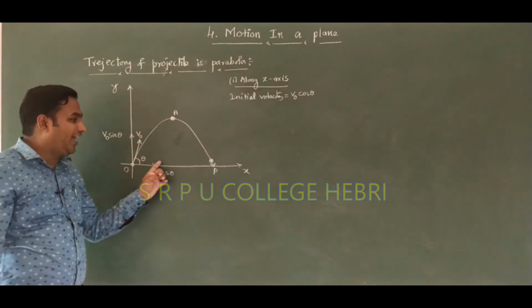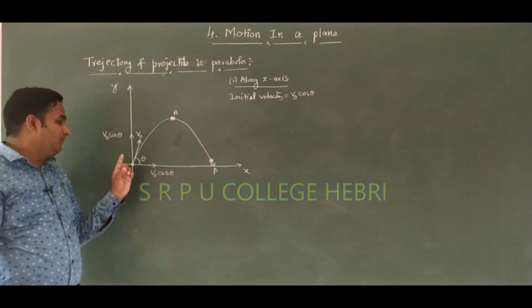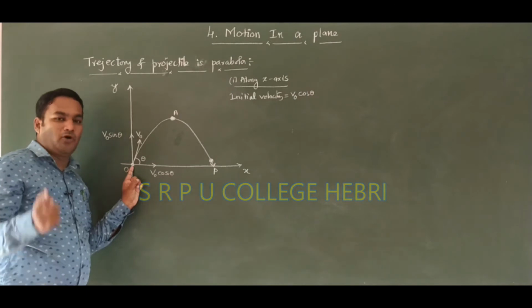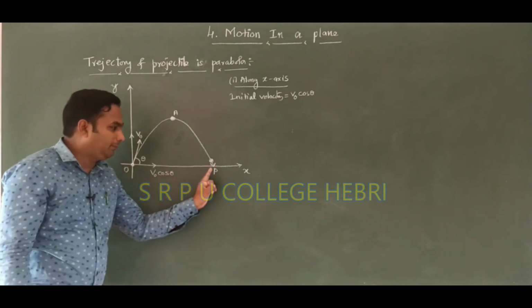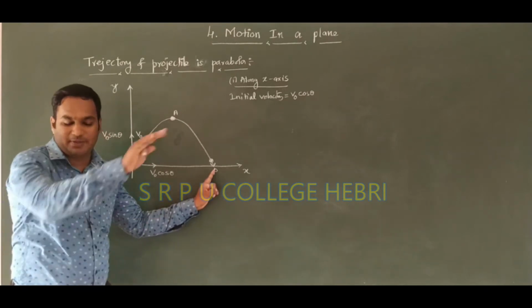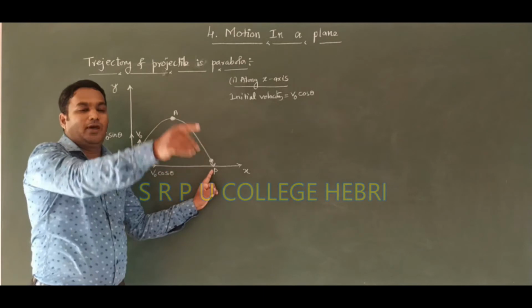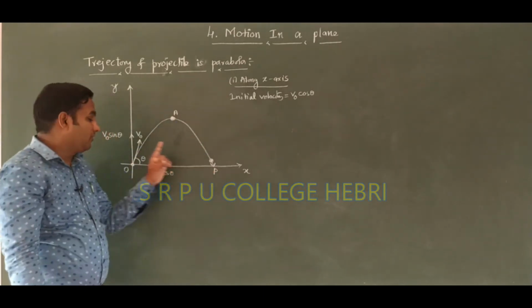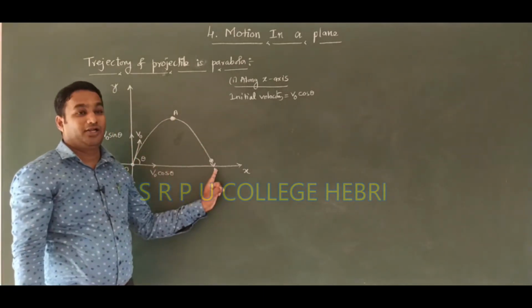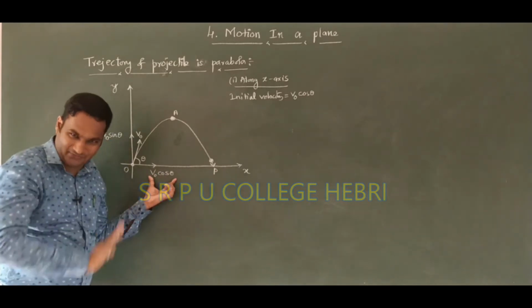Automatically along x-axis, the velocity of the projectile from point O, the point of projection, to point P, the end point or final point where the particle will reach, is V naught cos theta itself.